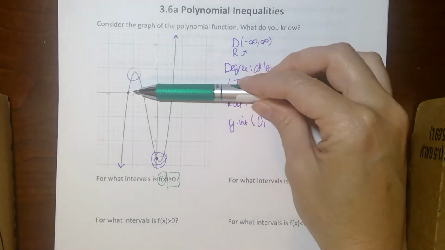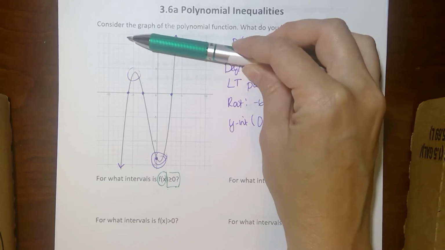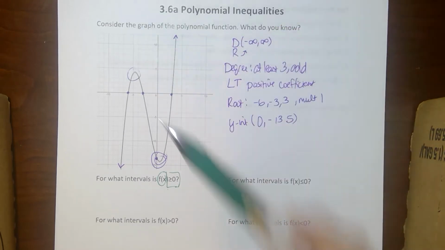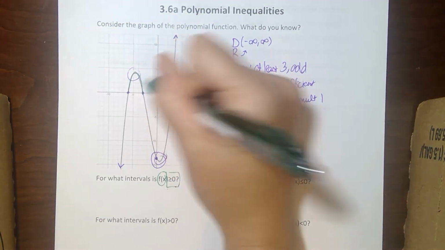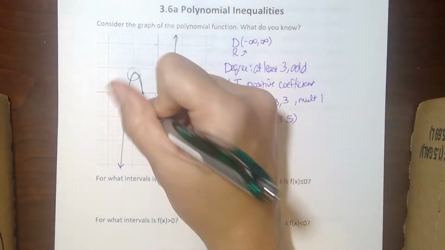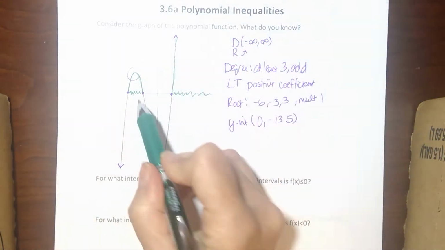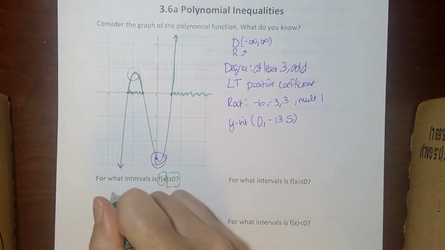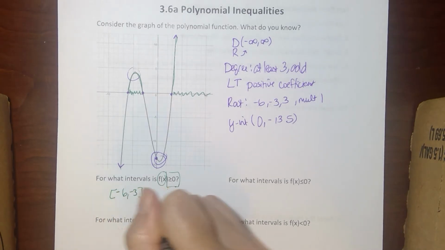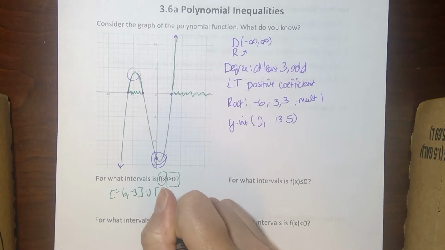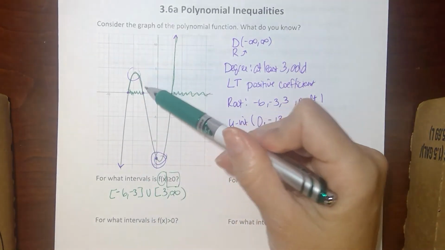So my y values are at 0 here, and they're greater than 0 anything that graphs above that x-axis. So this piece of my graph and this piece of my graph is going to be greater than or equal to 0. So for the interval on the x-axis from -6 to -3, or +3 to +infinity, the graph is above the x-axis.